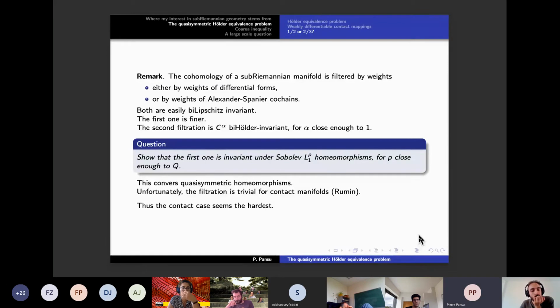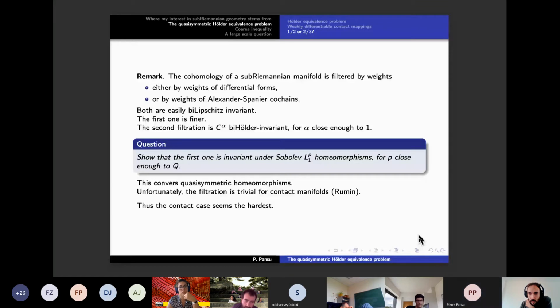I don't want to go through a complete definition, but it's kind of intuitive. In 3 dimensions, one forms on a contact manifold come in 2 qualities. You have the one forms which vanish on the contact plane, which are proportional to the contact form, and which have weight 2, and the others which have weight 1.